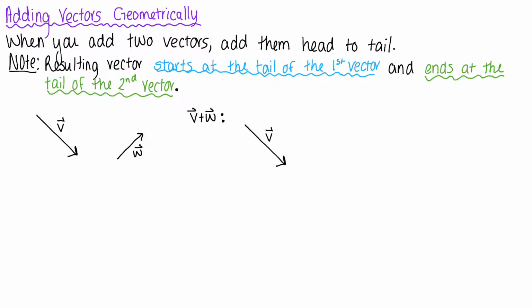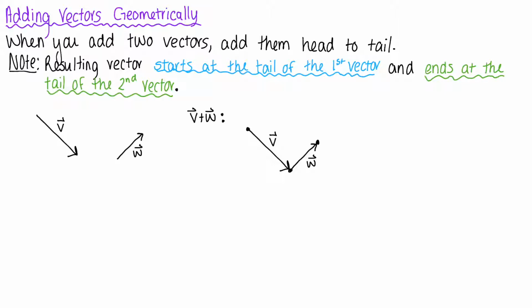Here's v right here. So it's starting at some point here, ends at some point here. And then the second vector, w, it gets added where I put the tail of w at the tip of v. So copy, paste.